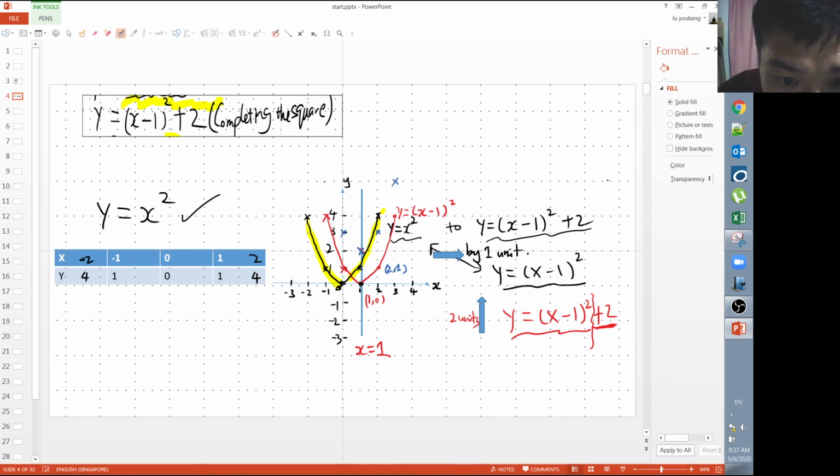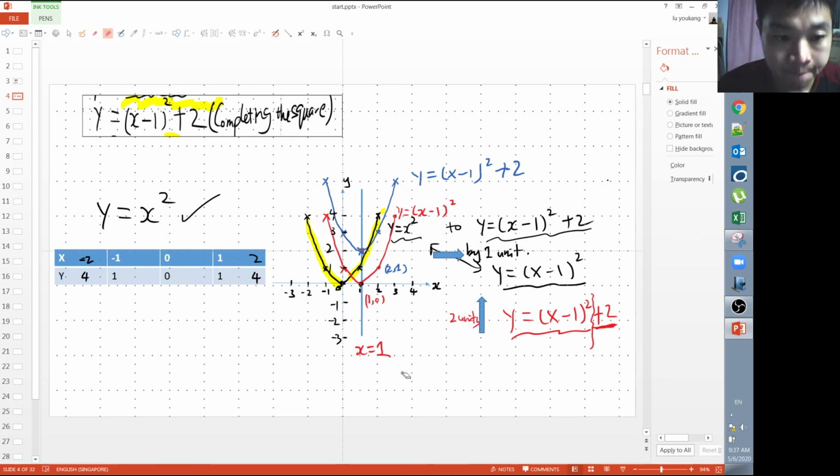Similarly, this one moves to 6. What you do is sketch the mirror image. Okay, so this is your y.